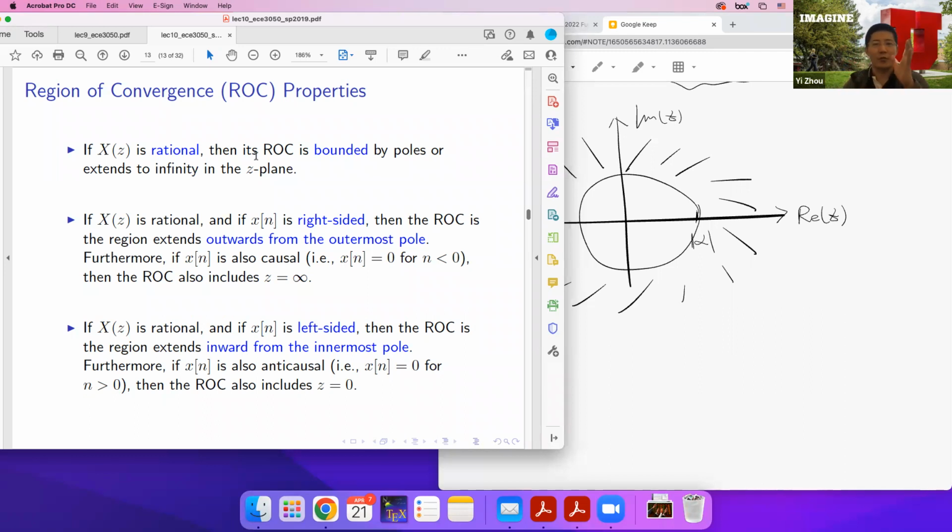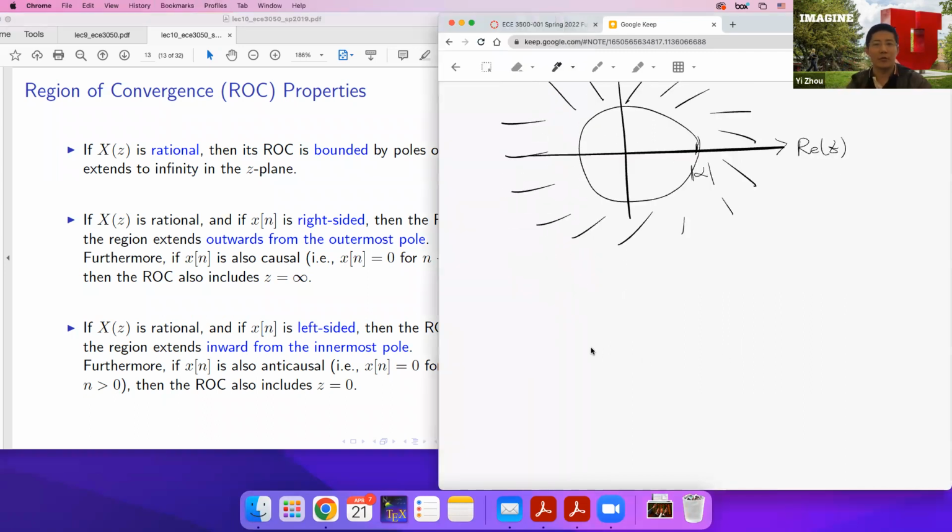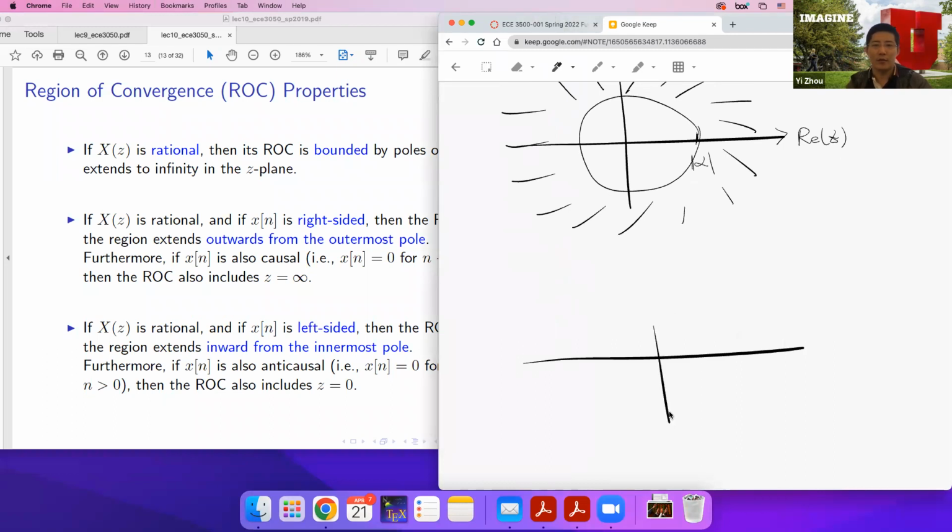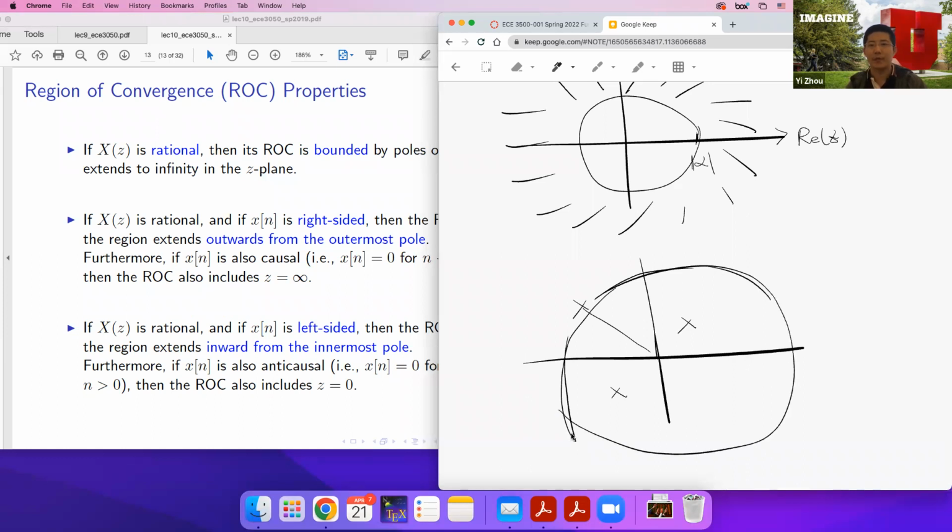Which means if you find some poles of this Z transform, then the ROC should never contain these poles. So let's consider simply.